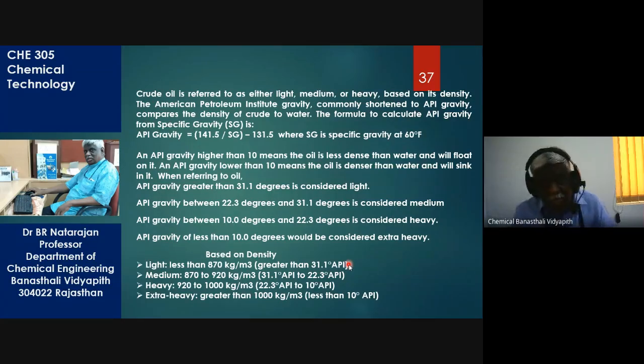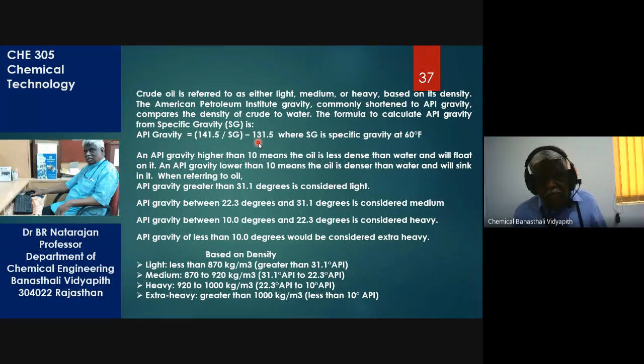Then you have API gravity. You know the definition of API gravity. We have done it in units and dimensions in chemical process calculations. API gravity is 141.5 by Sg minus 131.5.